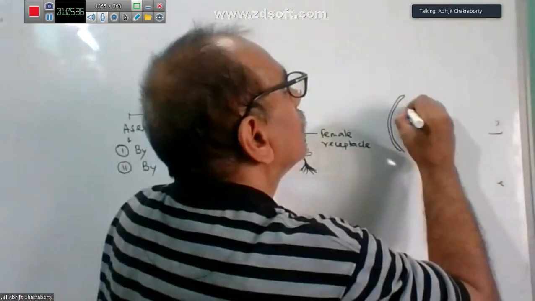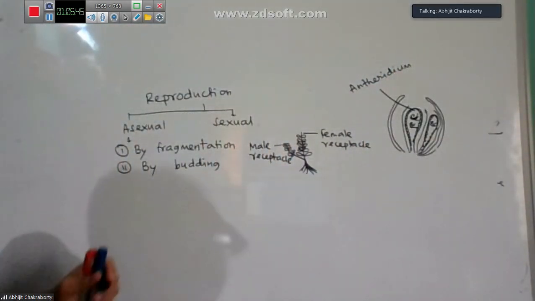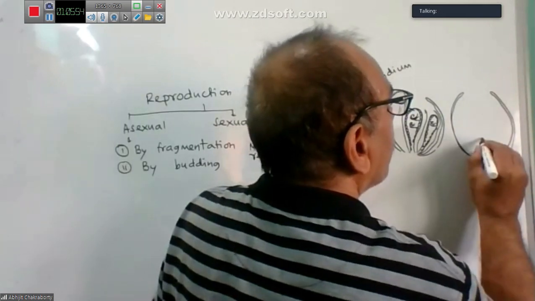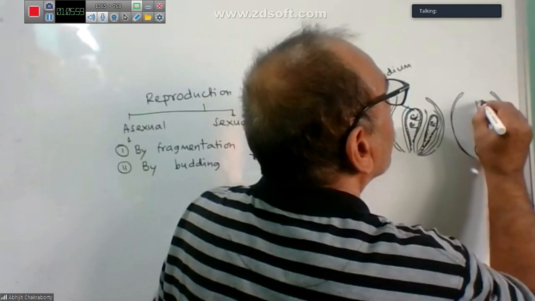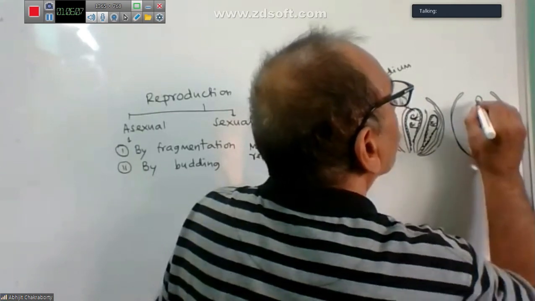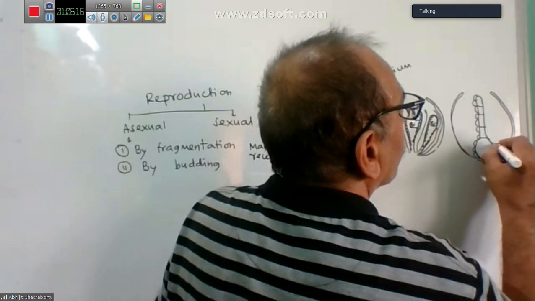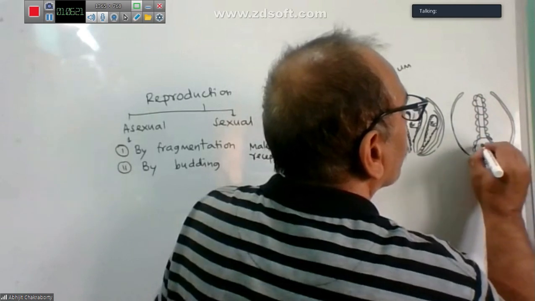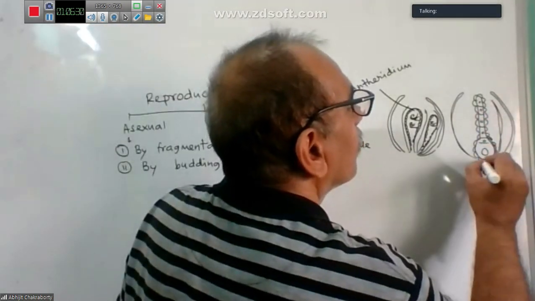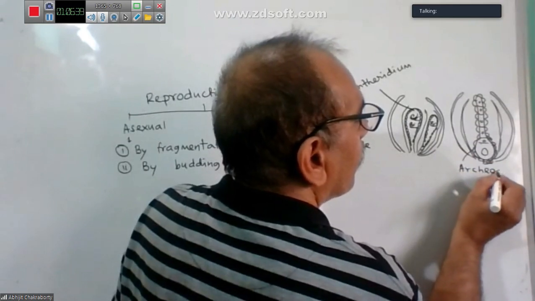So you can call it antheridium. Archegonium, similar size. These are protective coverings actually. So this is the archegonium.